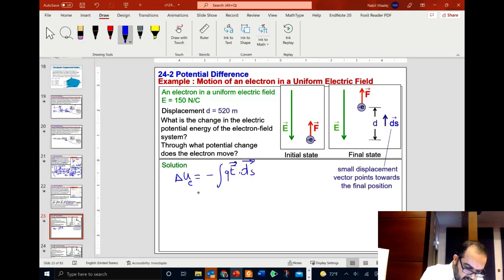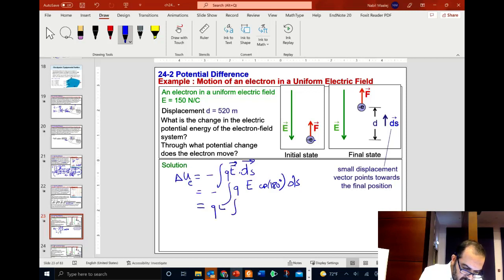So I can write that this is minus Q E ds cosine of 180. Cosine of 180 is minus 1, so it will take care of this minus. Since Q and E are constant, I will take them outside of the integral.